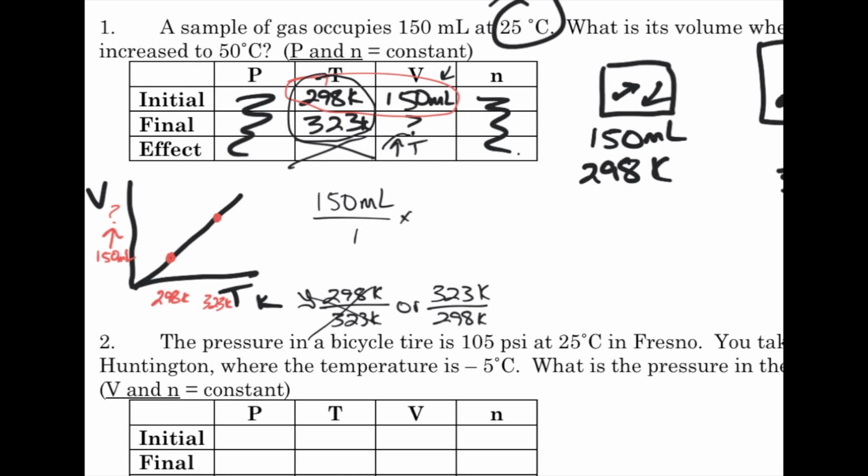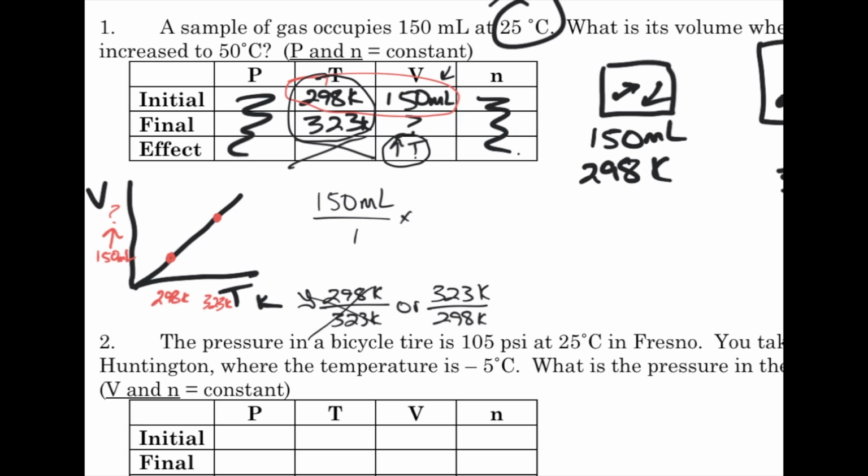What this effect box essentially tells us is exactly how to arrange our conversion factor. It tells you where to put the larger number in your conversion factor. If the arrow is pointing up, like it is here, you want to put the larger number from your temperature on top. If it's pointing down, then you would want to put your larger number on the bottom.